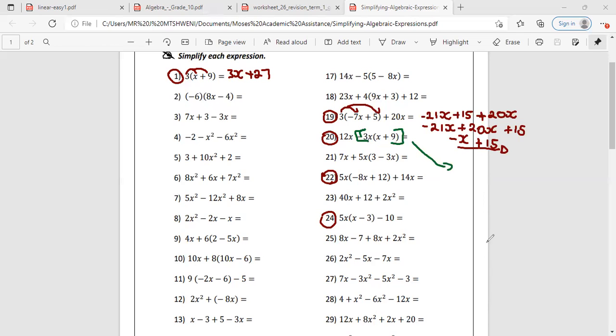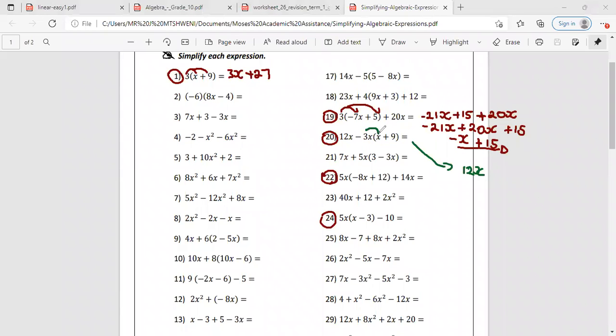Once a number is attached to brackets, you just multiply, you apply it. So here I'm going to drop down the 12x, then you'll say negative 3.